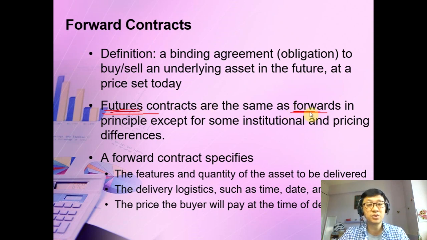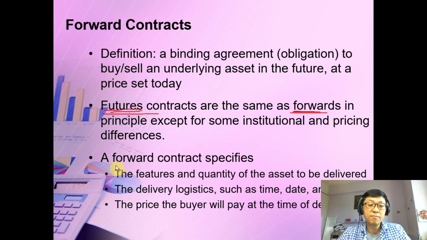Forwards, seldom do you see them at the stock exchange. Why? The reason being, the forward contract is very customizable. It's non-standard, and whenever you have a non-standard product, it's not easy to trade over the stock exchange. So you usually have it over any counter, like a bank or some financial institution. So there could be some pricing differences also.